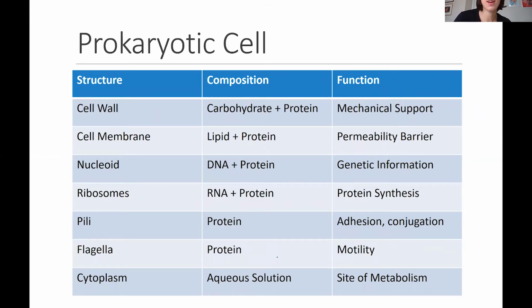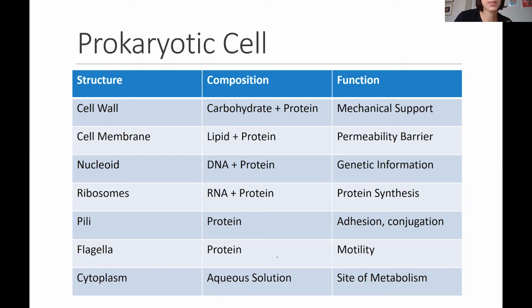When we break down the prokaryotic cell into its structure, you can see the general components, their composition, and their function. I'm bringing up the composition here. This is a pretty important piece to note, because when we start talking about building blocks later in the semester, I want you to be able to recognize the building blocks of lipids and proteins and carbohydrates and how they're actually put together to compose these structures.